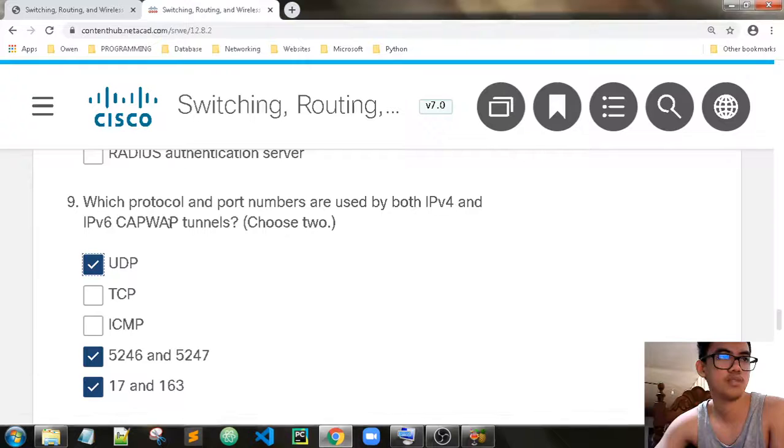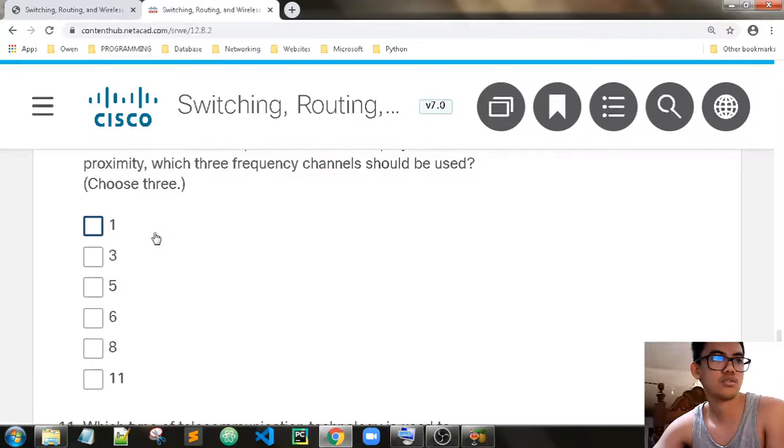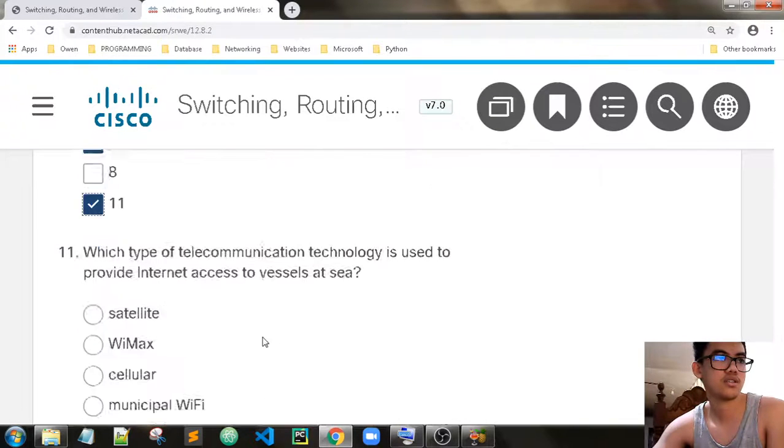We use UDP, the port numbers are 5246 and 5247. If three 802.11b access points need to be deployed in close proximity, which three frequency channels should be used? We should use 1, 6, and 11.